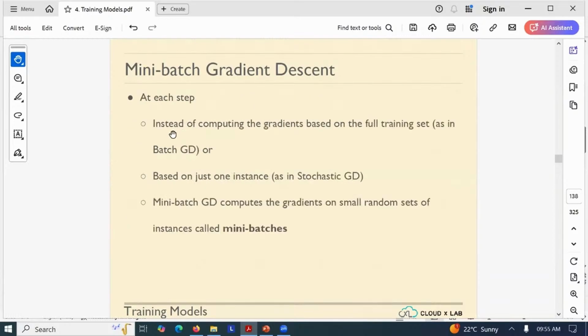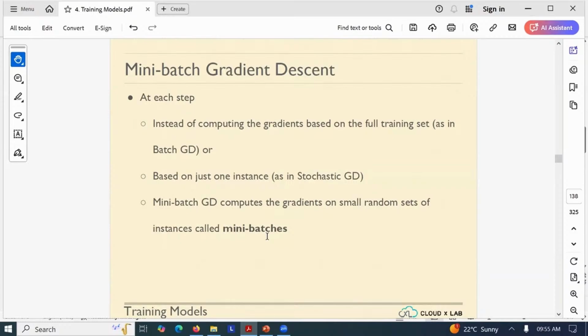So instead of computing the gradient based on the complete training data or just one data point, in mini batch gradient descent we will compute the gradient on a small random set of instances called mini batches, right? For example, originally we have 1,000 data points, but we are randomly taking only 10 data points to calculate the gradient.